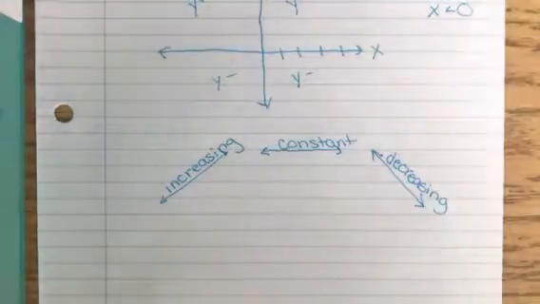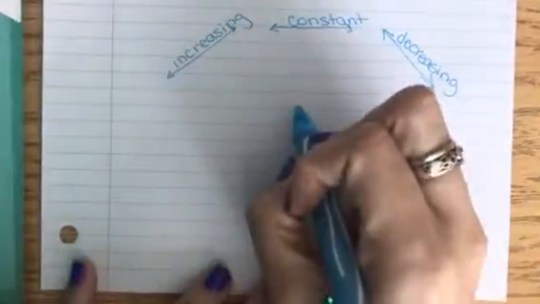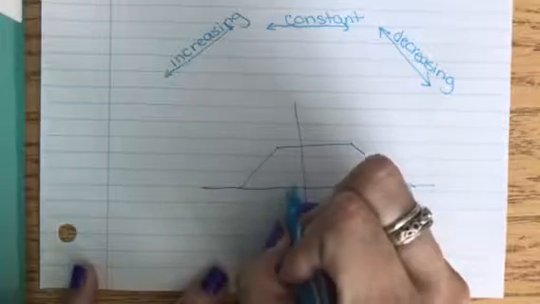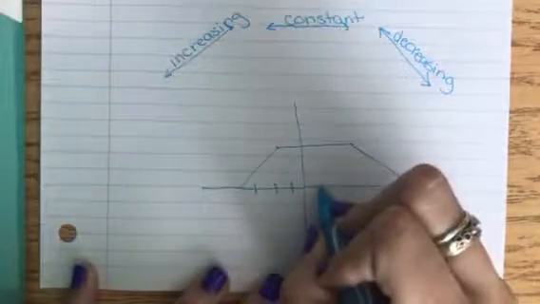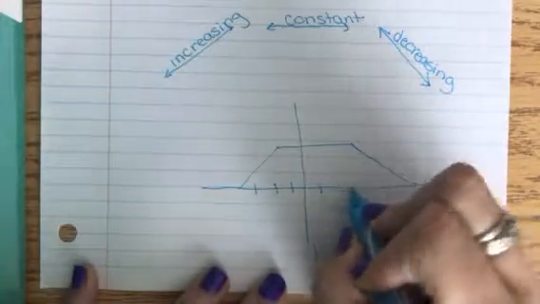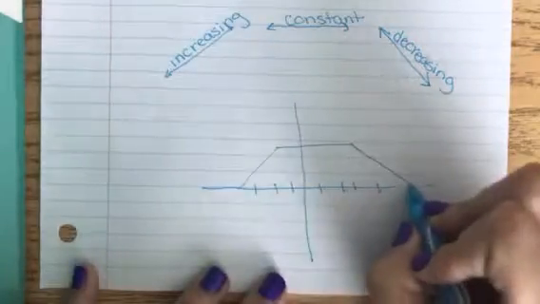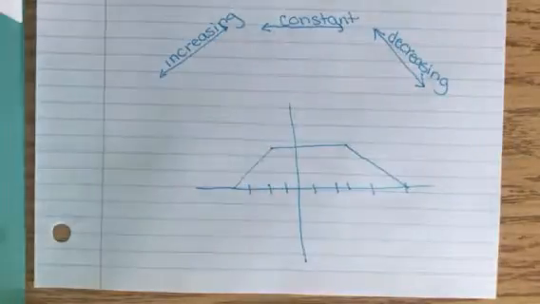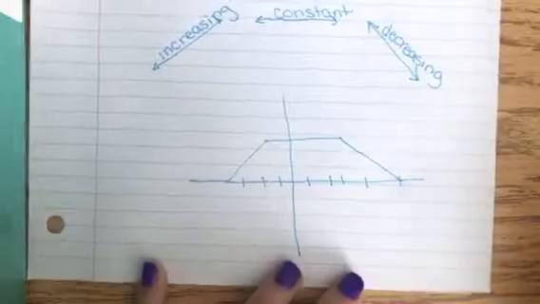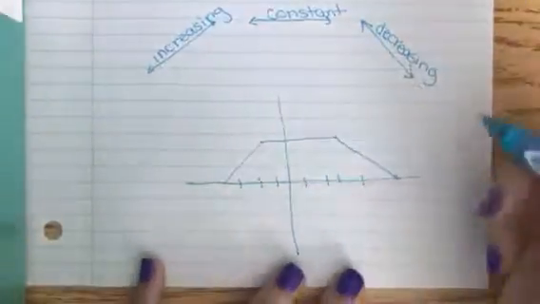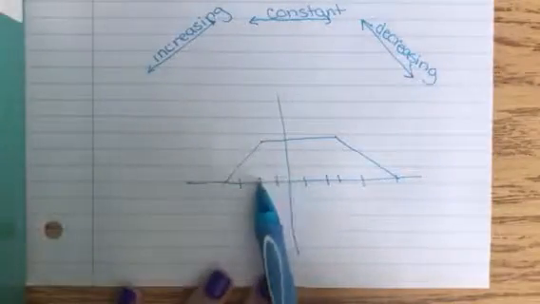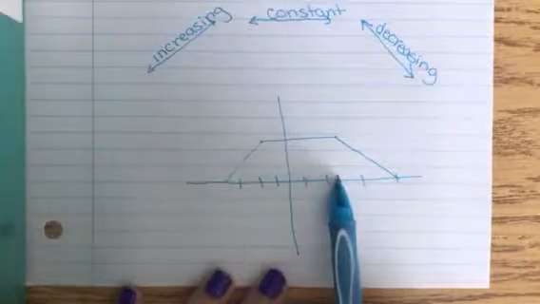We can always talk about looking at an entire graph, or we can talk about looking at pieces of a graph. So if I have a graph that does something like this, I'm just totally making up a generic graph right now. Pretend that my marks are sort of perfect. Obviously they're not. But I could talk about looking at the graph in between where x is -2 and where x is +3.